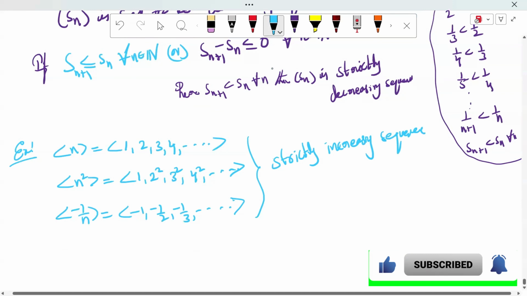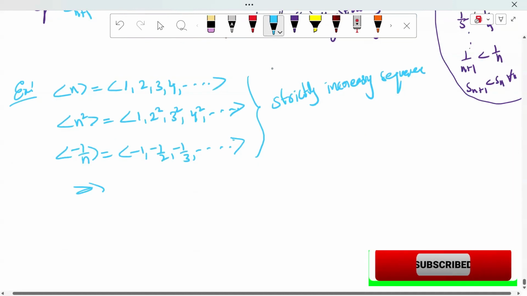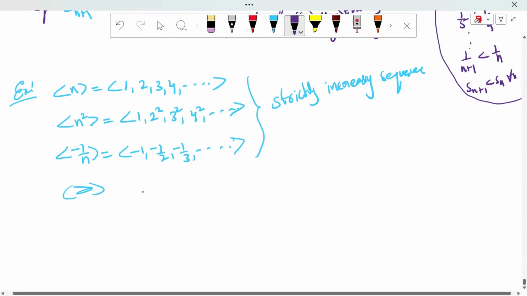Strictly decreasing, if and only if the sequences are minus n, minus n square, and minus of minus 1 by n, which is plus 1 by n. It is the sequence minus 1, minus 2, minus 3, minus 4, and so on.